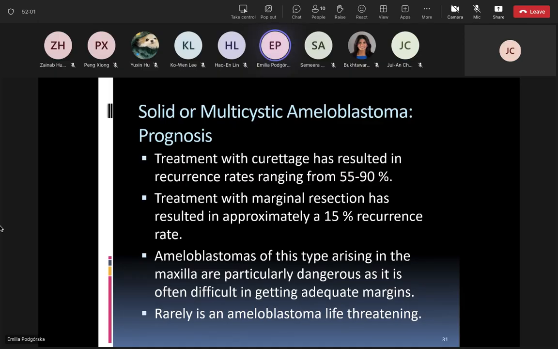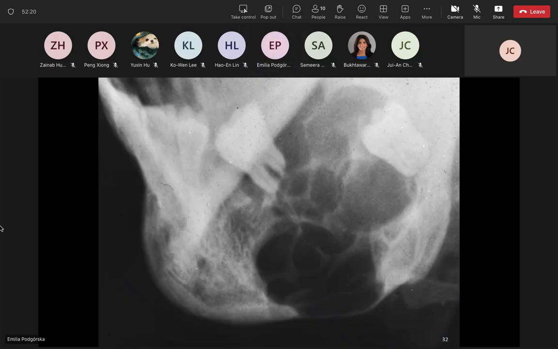Treatment with marginal resection has resulted in approximately a 15% recurrence rate. Ameloblastomas arising in the maxilla are particularly dangerous, as it is often difficult to get adequate margins. Rarely is an ameloblastoma life-threatening. You can see on the picture.